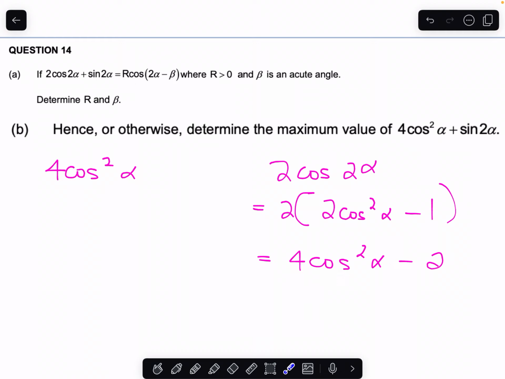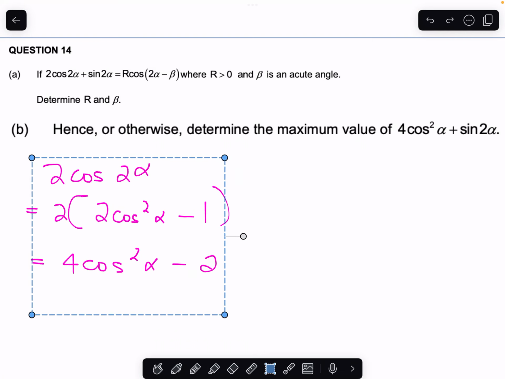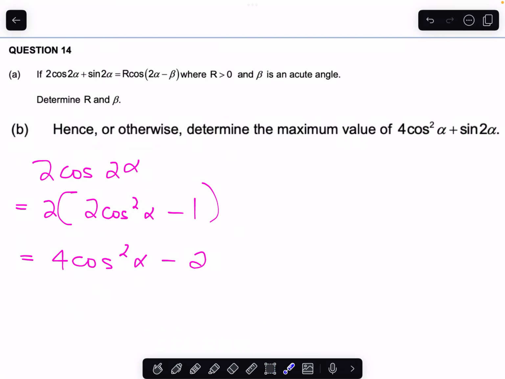So let's just say that again slowly for myself. So we discovered that, too enthusiastic, right? We discovered that 2 cos 2 alpha coming from here is the same as 2 times that, so replacing this guy with this. And if you multiply these out, you get 4 cos squared alpha minus 2, right?